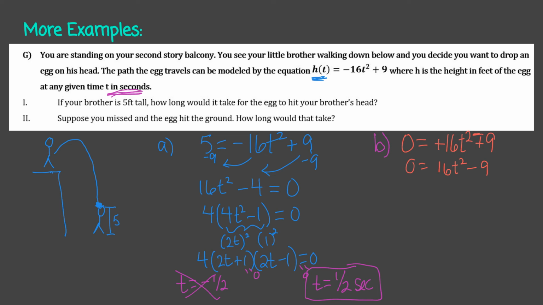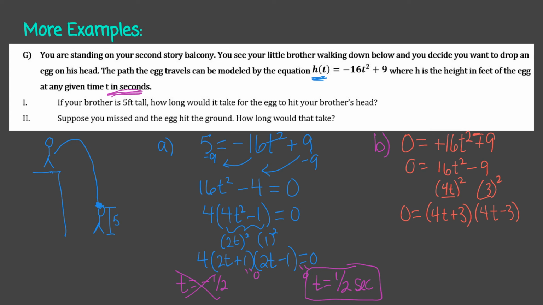There's not a GCF there, but those are a difference of squares. So you're going to have 4t squared that gives you 16t squared, and then 3 squared gives you 9. So use these values to set up your difference of squares. So 0 equals 4t plus 3 and 4t minus 3.